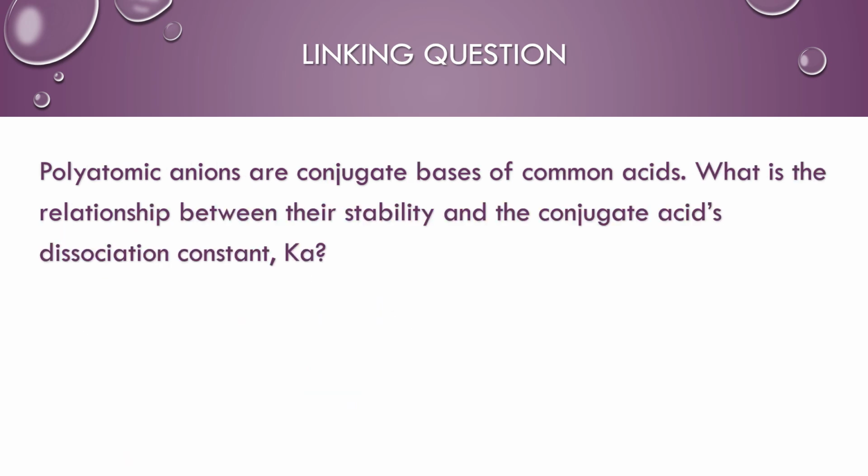Polyatomic ions are also important examples of conjugate bases of common acids. So if you look at something like chlorate, you could have variations on chlorate like HClO2, HClO3, and HClO4. Now, the chlorate part of that, this is chlorate, this is perchlorate, this is chlorite.